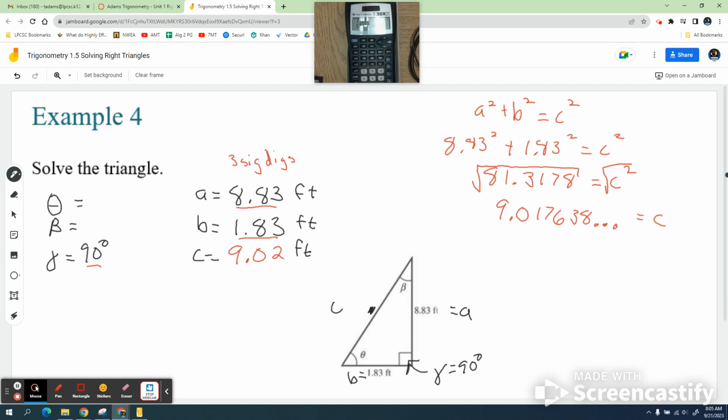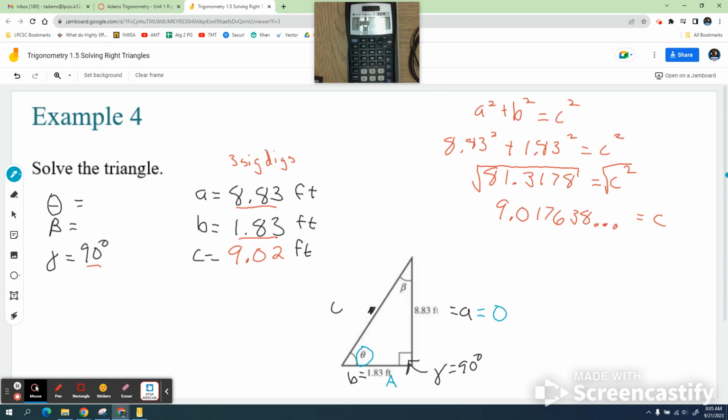So now let's go back and find alpha and beta. Well, remember that if I solve for theta, this angle over here for theta has this side as the opposite, and this side as the adjacent.